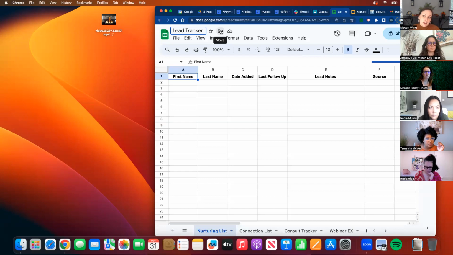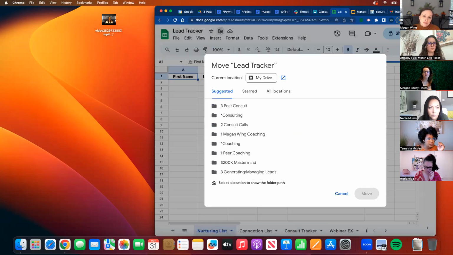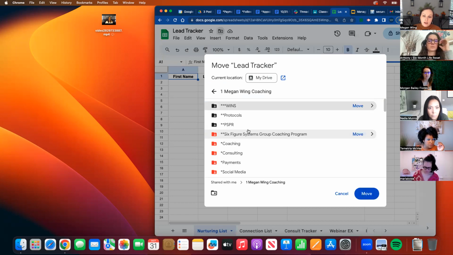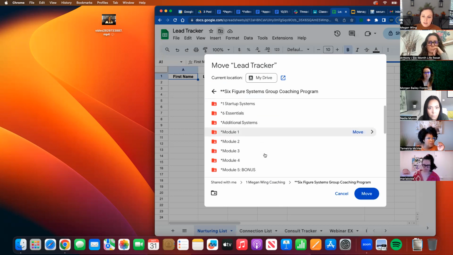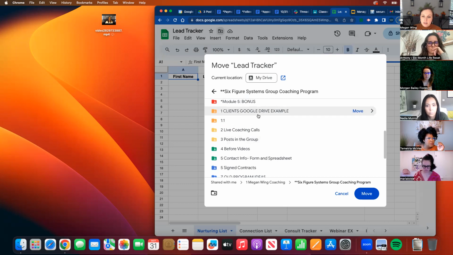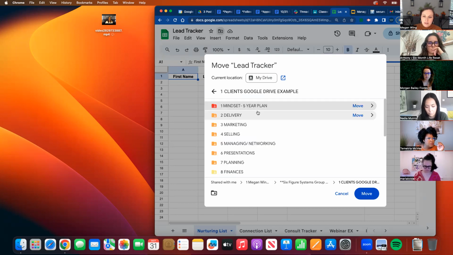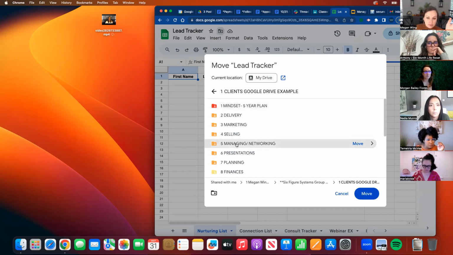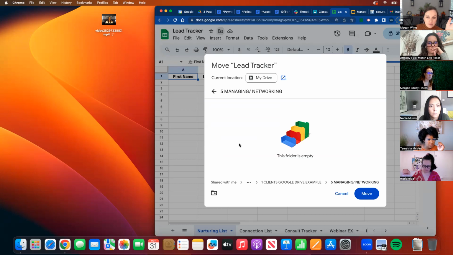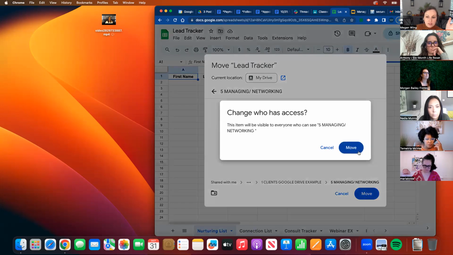Click the little arrow. Go into your six-figure systems Google Drive. Click new folder if you haven't already. Label it 5, managing and networking. Click into there and move this document.